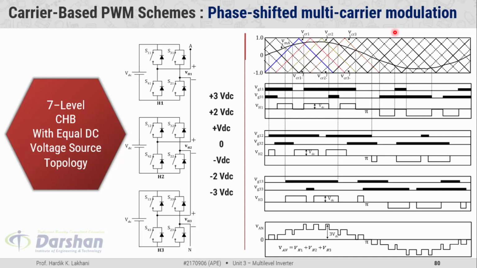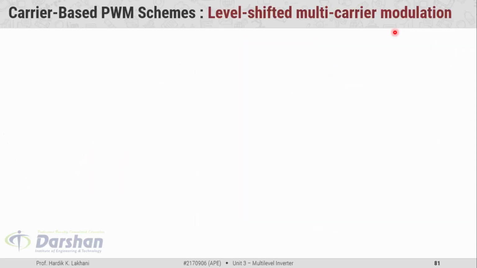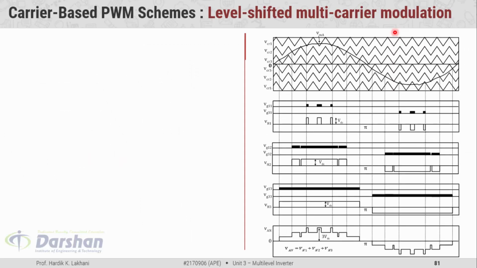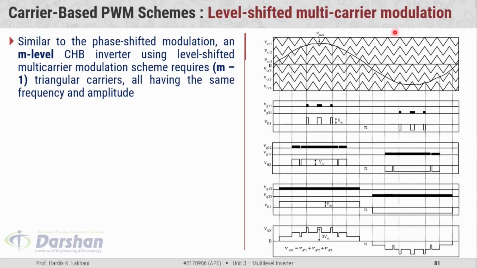Moving ahead with the next PWM scheme, that is the level-shifted multi-carrier modulation. Here is the diagram, and similar to the phase-shifted modulation, an M-level CHB inverter using this level-shifted multi-carrier modulation scheme requires M-1 triangular carriers.